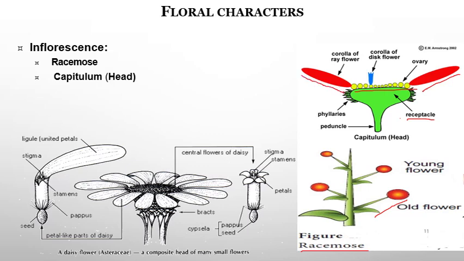So these flowers are present on the receptacle, and these flowers are small and sessile. So these flowers are called florets. So as the case may be here, we have two types of flower. One is this, these are the flowers, and others are present here.